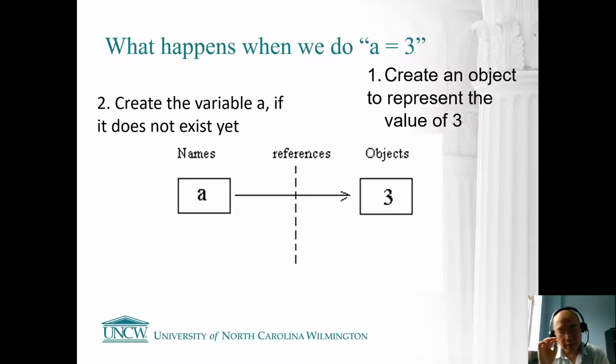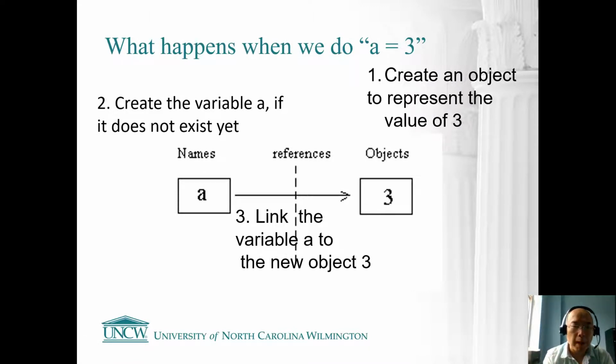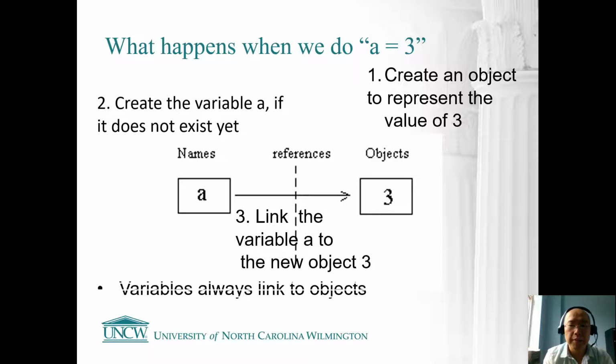Eventually Python will link the variable name A to the object 3 created. That is called a reference. So a variable name has the reference to the real value, which is 3 here.